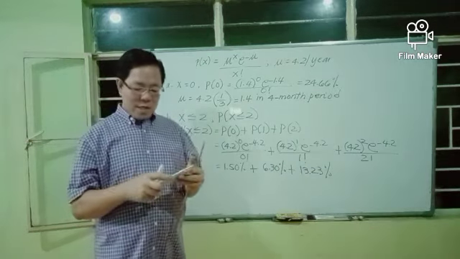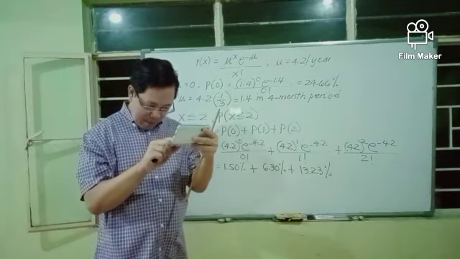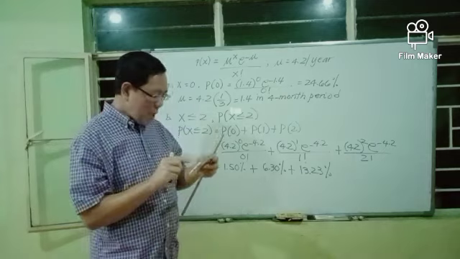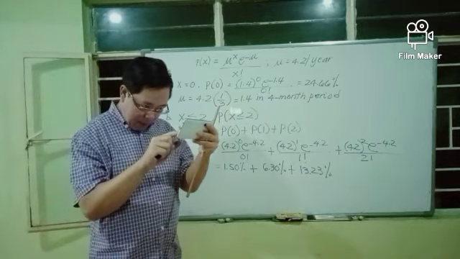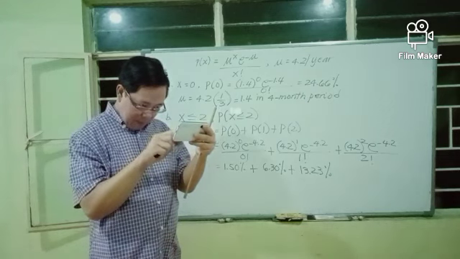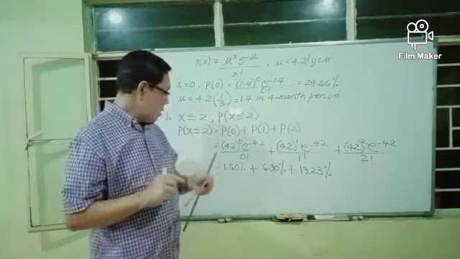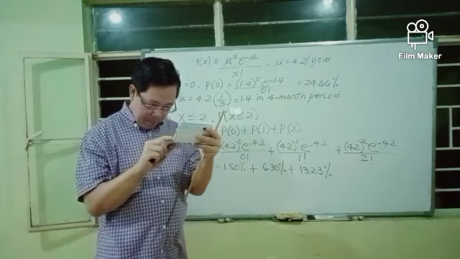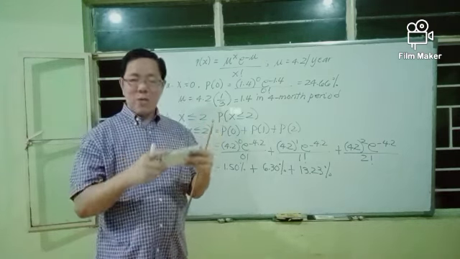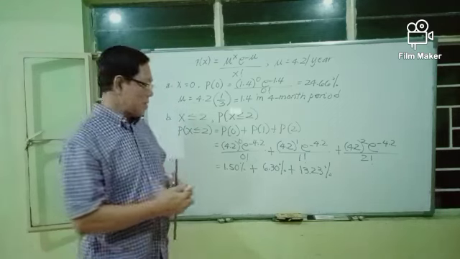And add these three terms. 13.23 plus 6.3 plus 1.5, and you should get 21.03%.